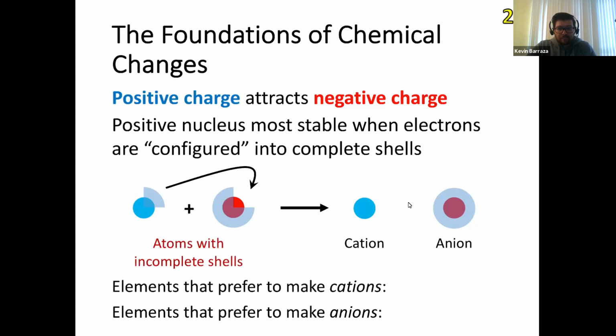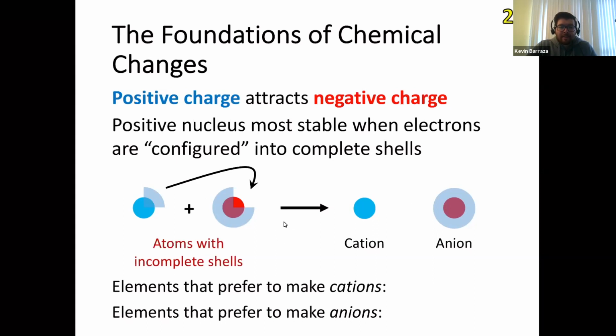And this is how ionic compounds, our first kind of compound, are formed, because there are some elements that would like to lose their electrons to become like a noble gas, and some elements that would like to gain electrons to become like a noble gas.